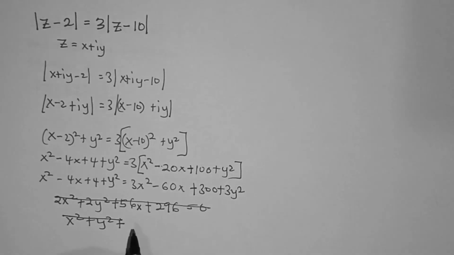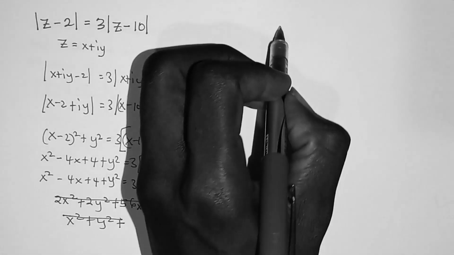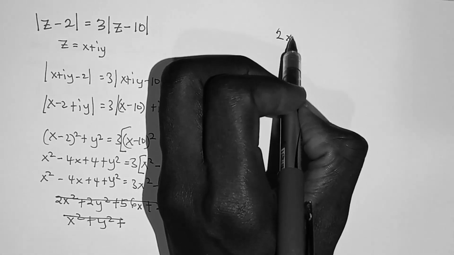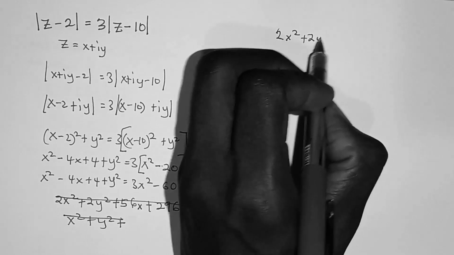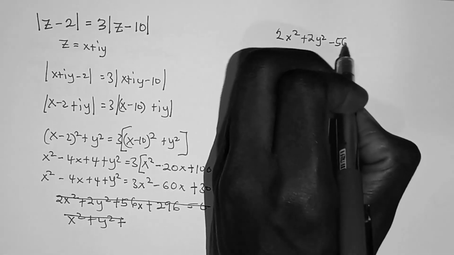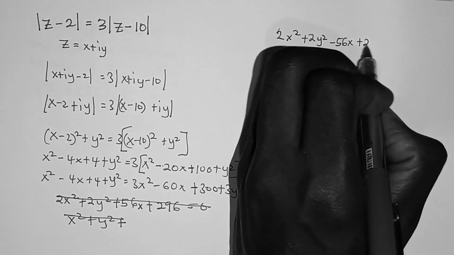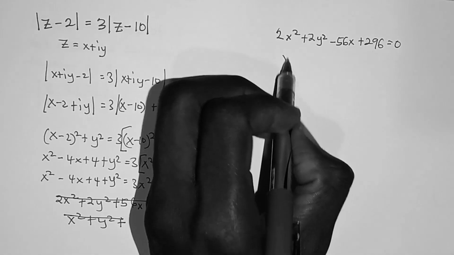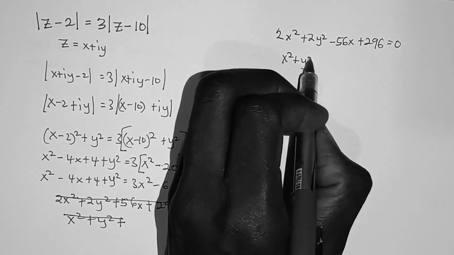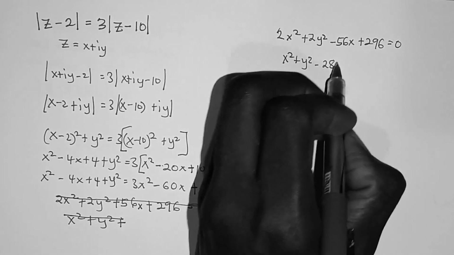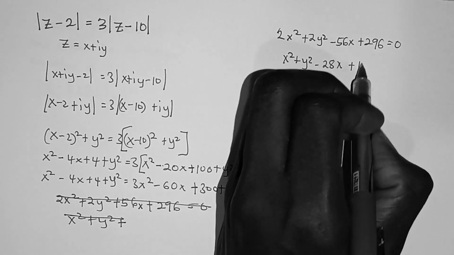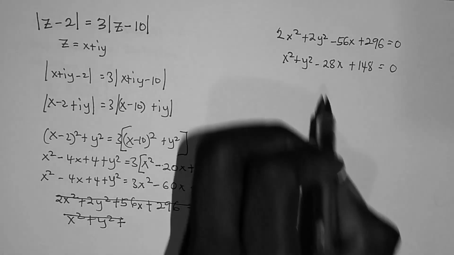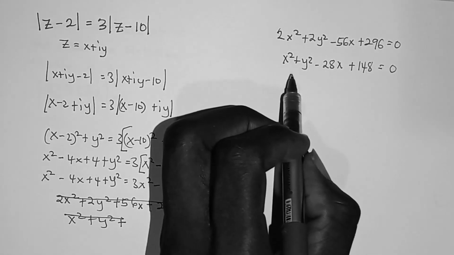If we take everything to the right hand side, the equation becomes 2x squared plus 2y squared minus 56x plus 296 equals 0. If we divide through by 2, it becomes x squared plus y squared minus 28x plus 148 equal to 0. So let's complete the squares in this case.